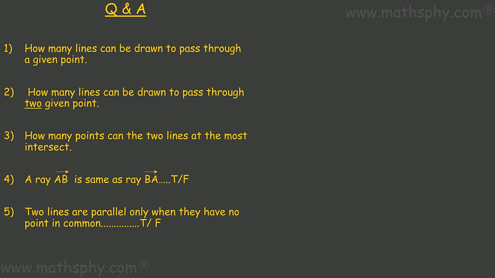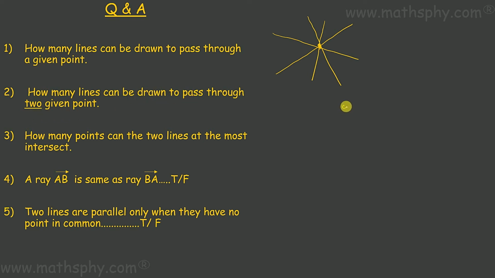This one here says, how many lines can be drawn to pass through a given point? You have a point like this, just a dot. You can take as many lines as you want and all of them can pass through that single point. So how many lines? Infinitely many lines. It says how many lines can be drawn to pass through two given points?